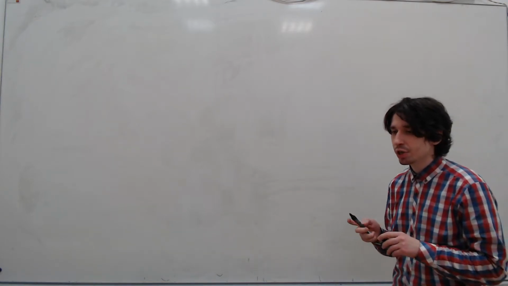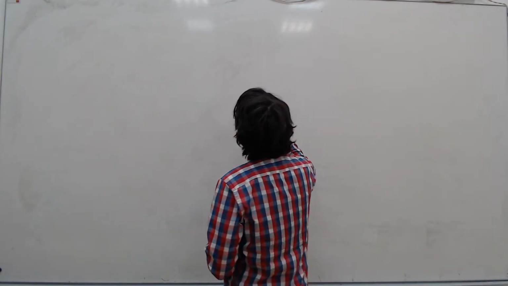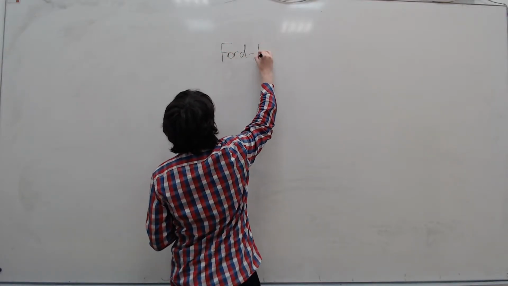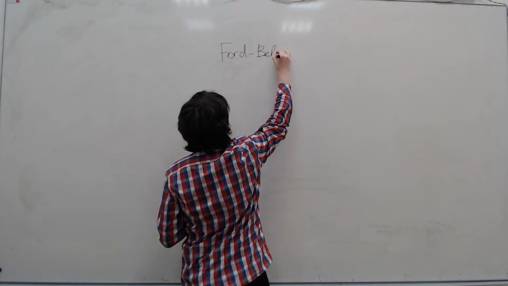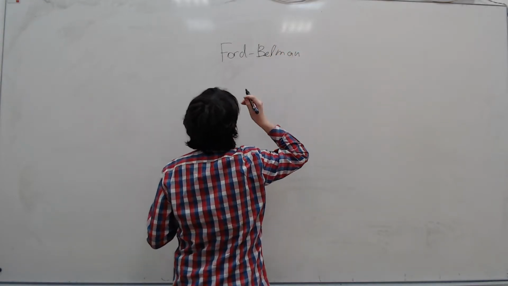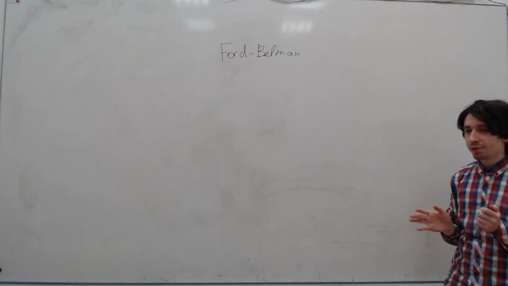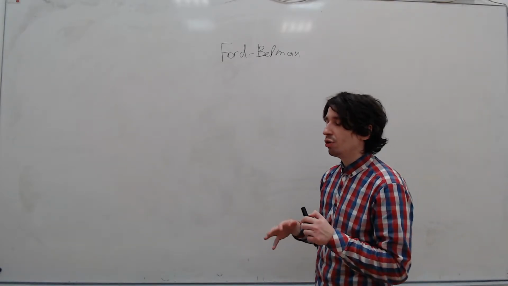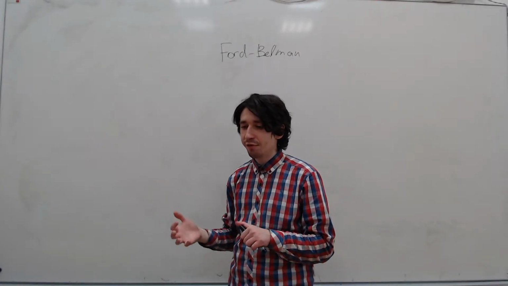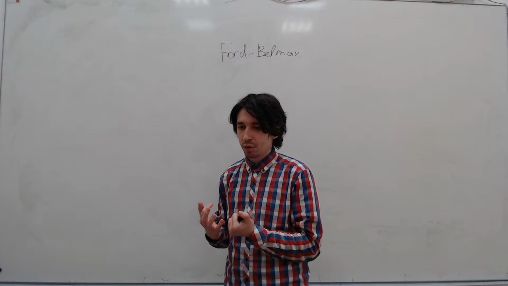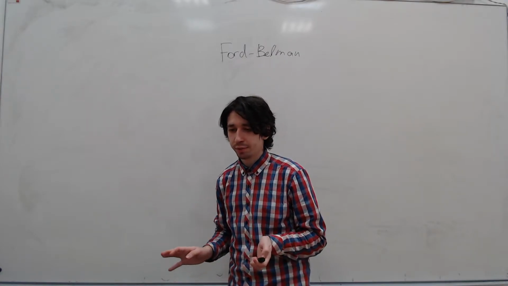With the negative edges, there is the Ford-Bellman algorithm. It's very important to understand that Dijkstra doesn't work on negative edges. If your graph has negative cycles, Dijkstra won't work.